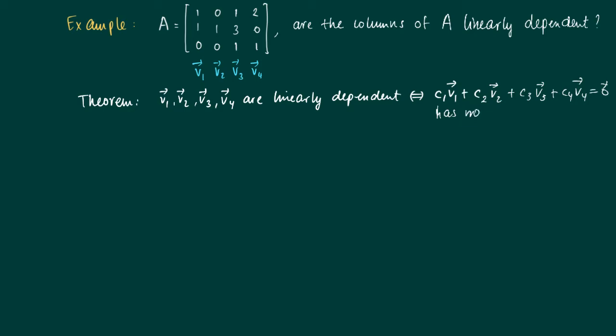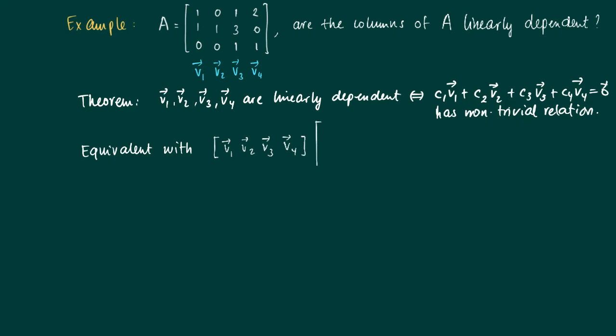Which means that not all of the c's must be 0 to get the 0 vector. Now this is in fact equivalent with stating that the matrix vector product, now we put the ci's in the vector c, then we may express the right hand term as the matrix v1, v2, v3, v4 times the vector c equal 0 has a non-zero solution.